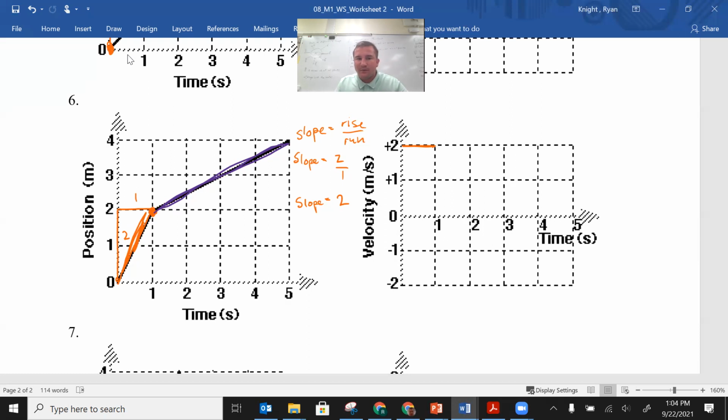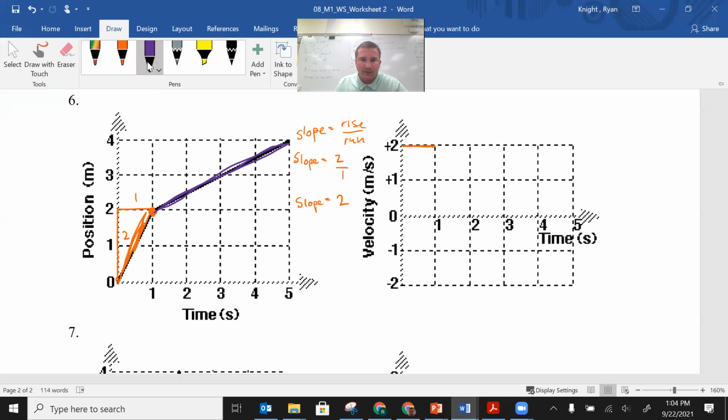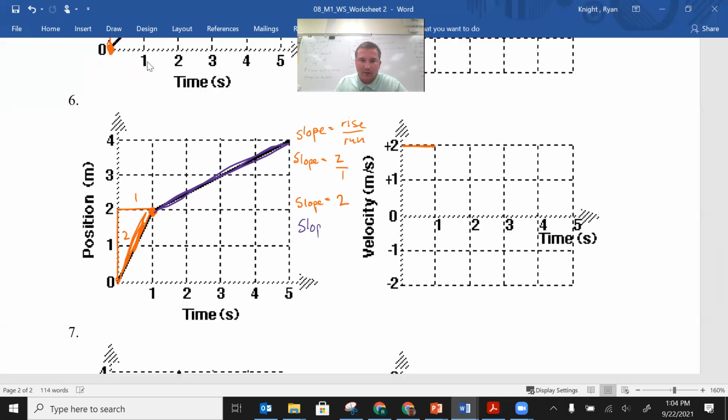Then I've got to do the same thing with my purple line, right? So I'm going to calculate the slope again. Slope is rise over run. Put a little line here so we know we're doing a different calculation. And we do the same thing, rise and run. So the rise, we go from 2 to 4, that's 1, 2. Run, we go from 1, 2, 3, 4.